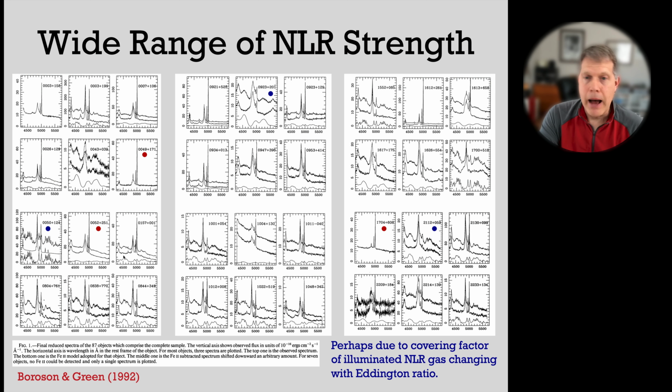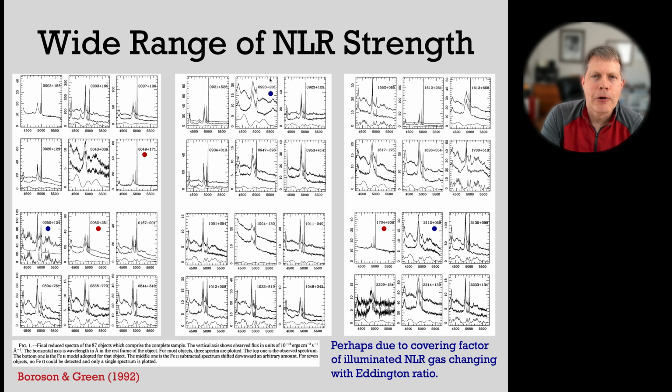By contrast, I've marked with blue dots other systems that have much weaker, much lower equivalent width O3 emission. Here, for example, is one of my favorite quasars. I've had a lot of fun with this quasar. And you can see the O3 emission is much less prominent than in this system here, for example.